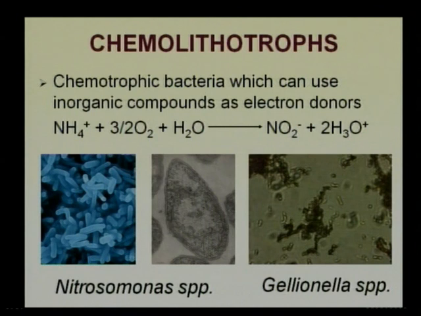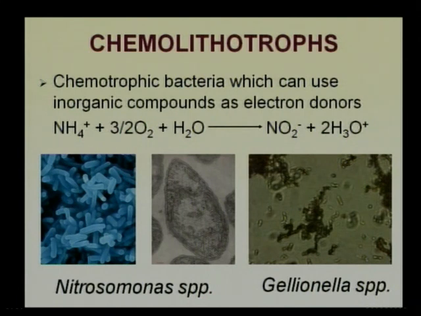Another one is chemolithotrophs. Here the energy relies upon chemicals other than radiant energy, and the electron donor is inorganic. Chemolithotrophs are organisms which can utilize the ammonium ion as electron donor, and ammonium is converted into nitrate, and ultimately the electron is derived from that.